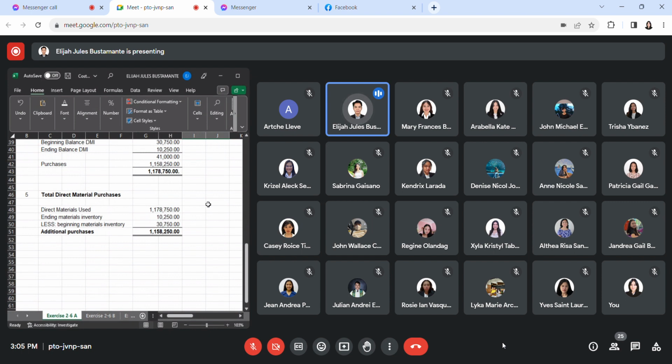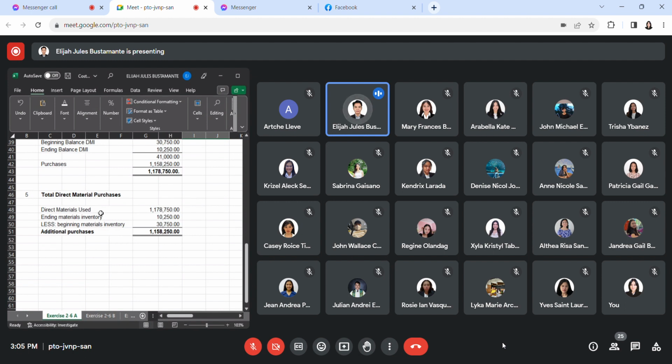And then last number for 2-6A is the total direct material purchases. So in order to do that, we use a modified formula of the direct materials, which is beginning direct materials inventory plus purchases minus ending materials inventory. So gi-shuffle ang formula.